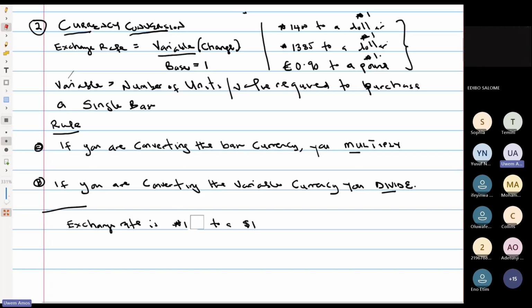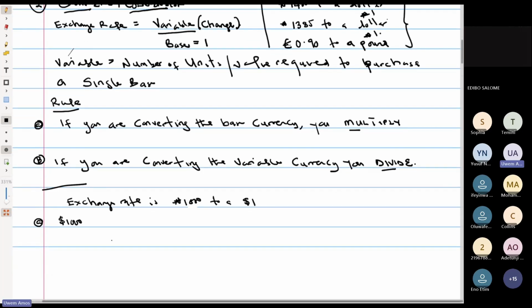So 1,000 naira to $1. That's the exchange rate. Now A, you are trying to convert $1,000 to naira. What will be the value in naira?